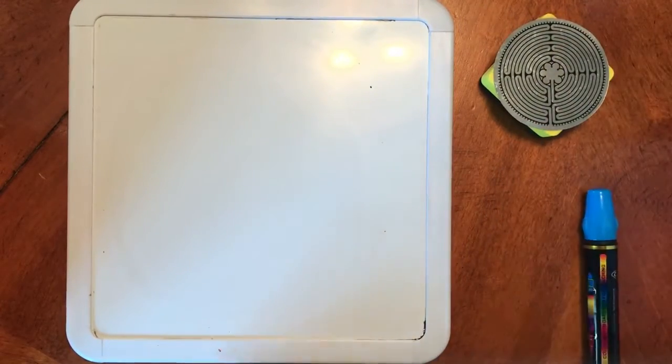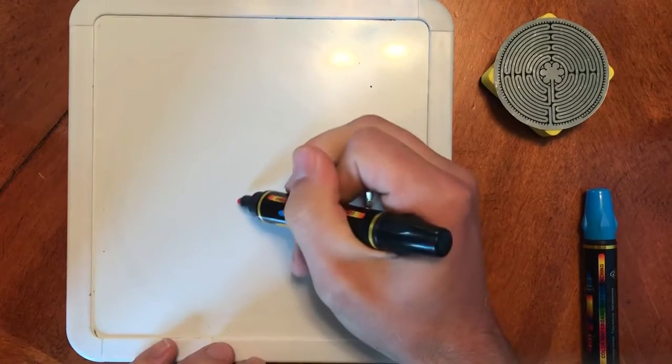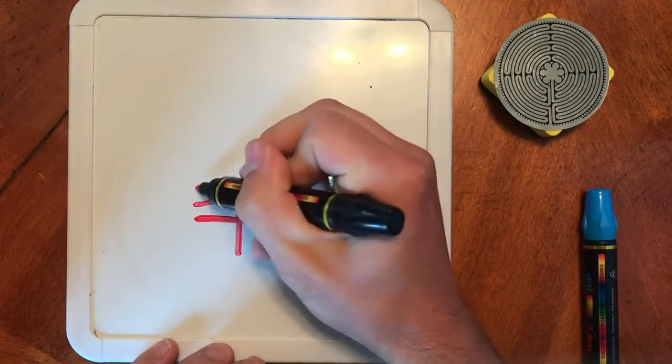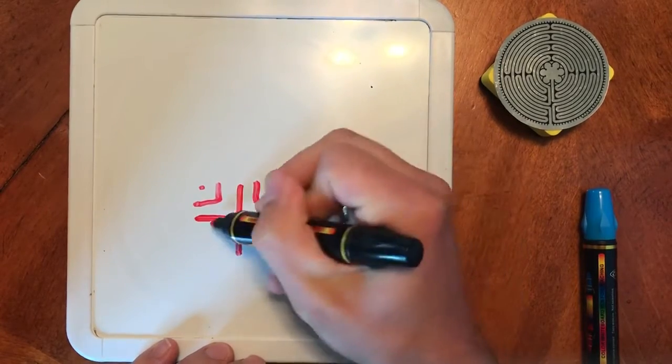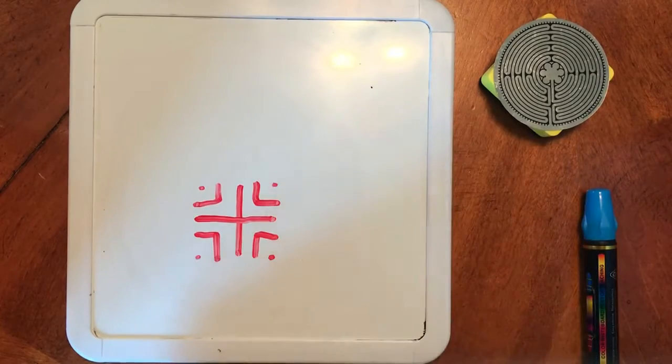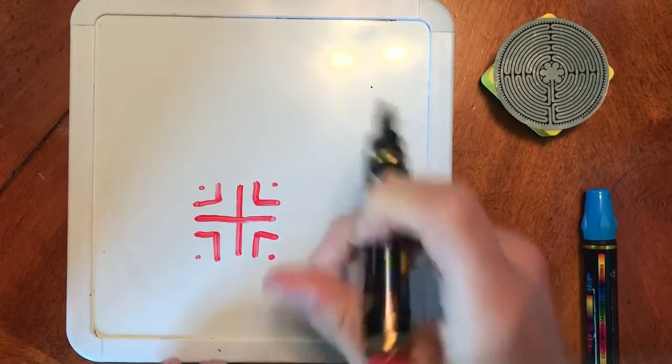Now, another really interesting thing is if you want to draw a 3-circuit classical labyrinth, you actually use the same seed pattern of the 7-circuit classical labyrinth, but you stop halfway through the drawing.